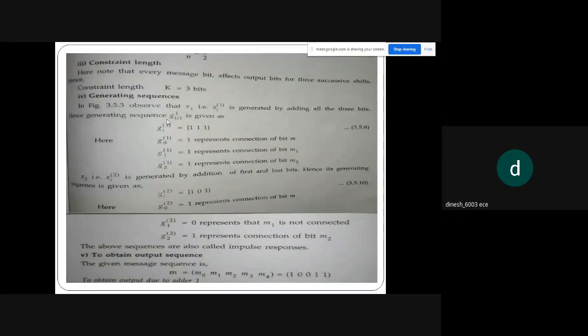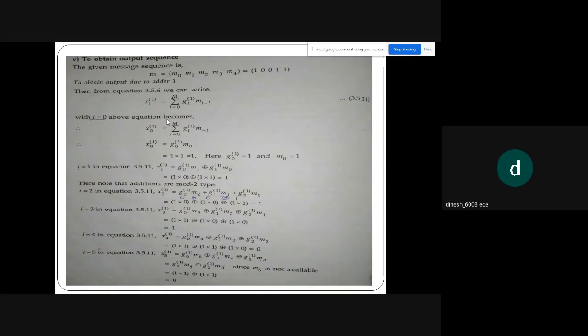So now, I think the subdivision of generating sequences is understood by all. These generating sequences are also called impulse responses. Now we are going to give the message sequence as in the question, 1 0 0 1 1, and see what the output is.